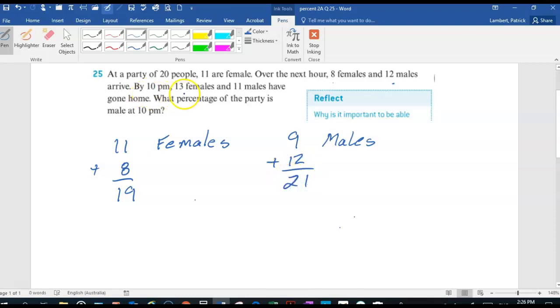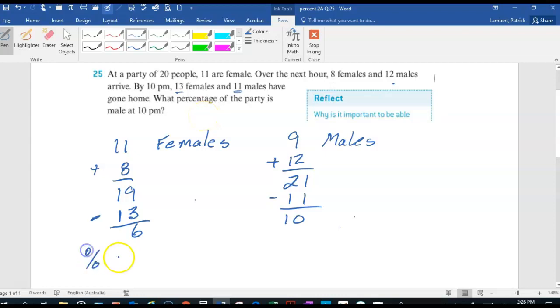And then at 10 p.m., 13 females and 11 males leave. So that's minus 13, 6, and 11, that's 10. So I've got 16, and I'm asked what percentage of them are males.